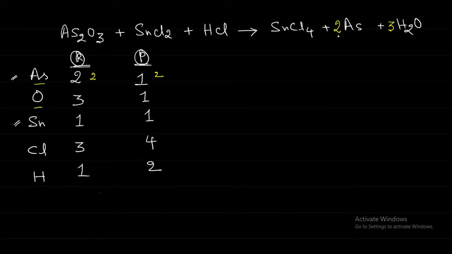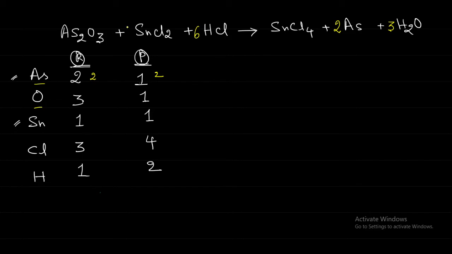So next we will equalize the hydrogen. Multiply the HCl by 6. If we multiply by 6, then here chlorine is coming 4, but here hydrogens are getting balanced, 6 hydrogens here, 6 hydrogens here. Hydrogens got balanced. Then we multiply both these tin chlorides by 3.